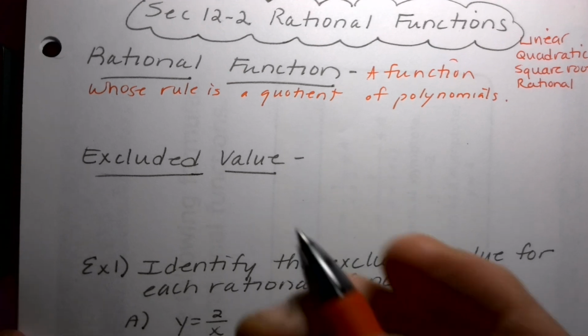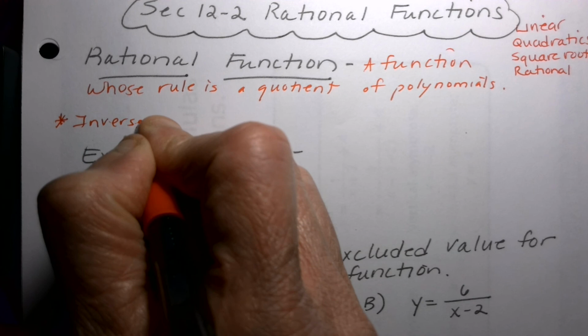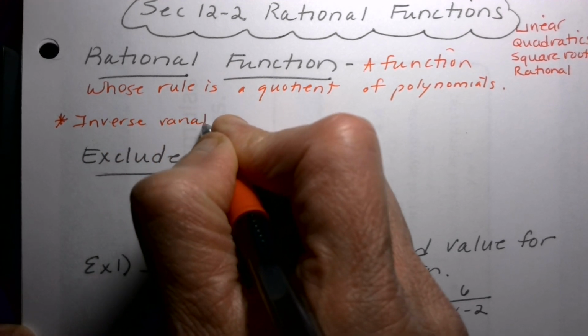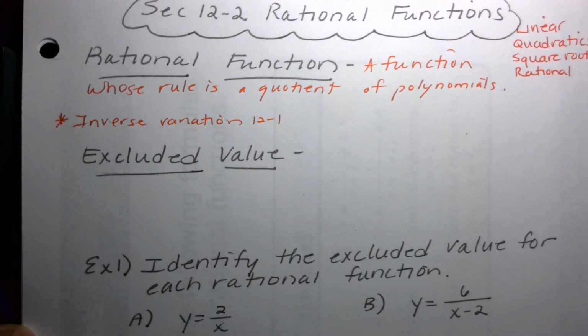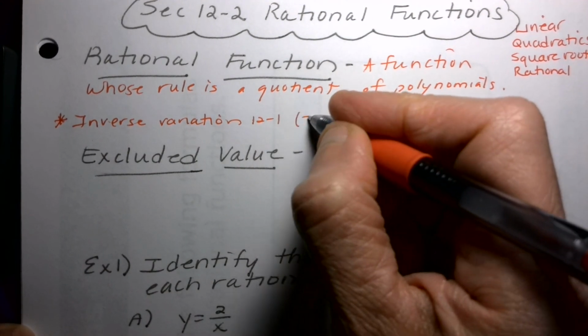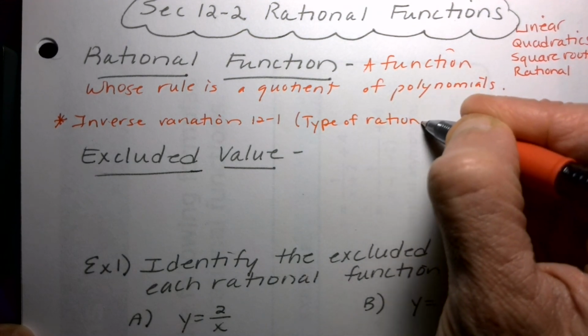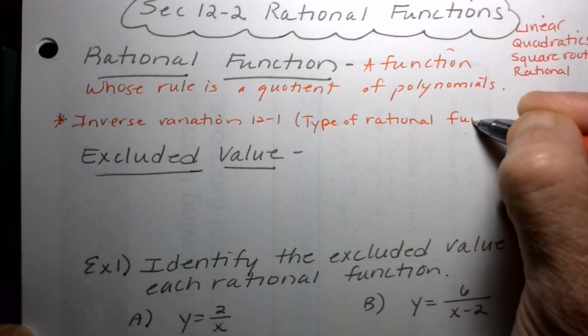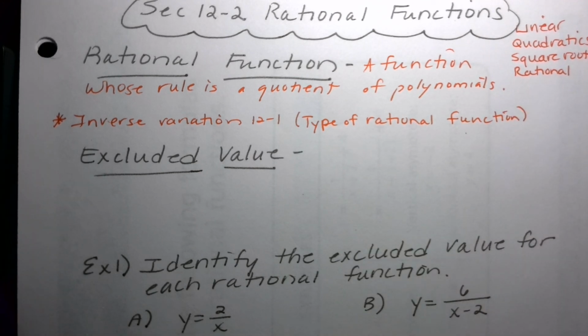Now, you learned yesterday about the inverse variation, or last Friday, whichever it is, in 12.1. That was a type of a rational function. Okay, that was just one specific type of a whole realm of rational functions.